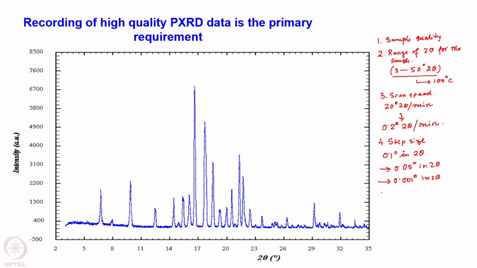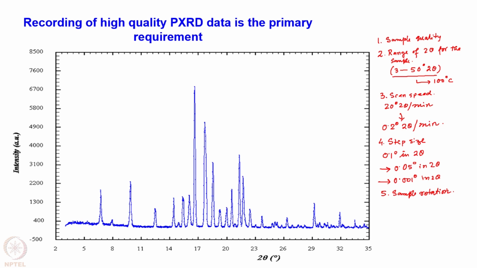The point number 4 that one has to remember is sample rotation. A powdered sample is an assembly of a large number of microcrystalline particles, and it may be possible that a large fraction of those microcrystalline particles, when spread on a sample plate, gets aligned in one particular direction due to the mechanical force applied during the spreading process.